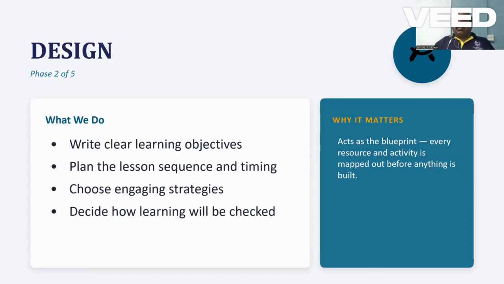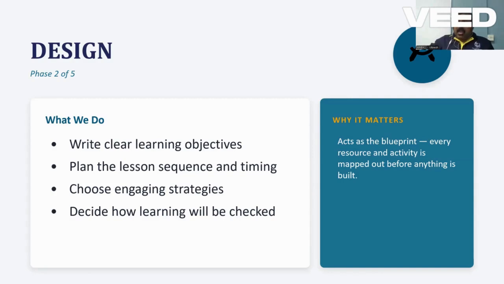We have to plan our sequence and timing. For example, we teach input first, then we go on and teach output. It doesn't look good if you teach output first and then input, so we need to sequence all these.